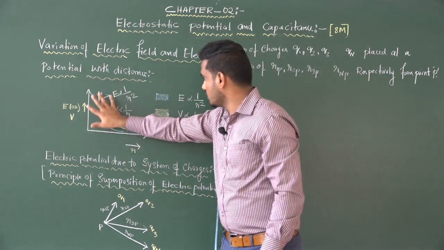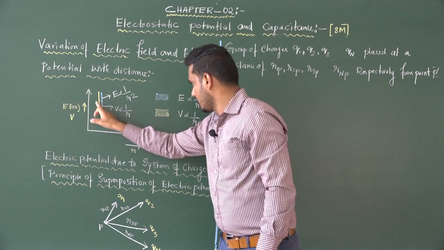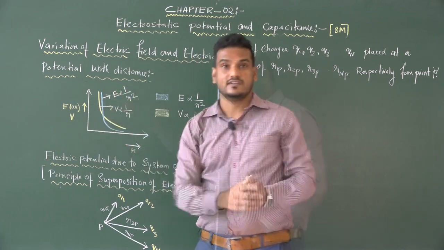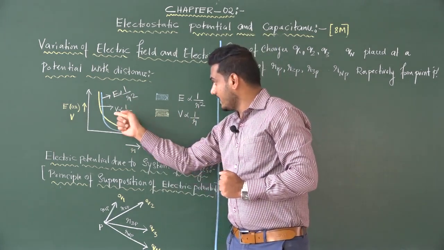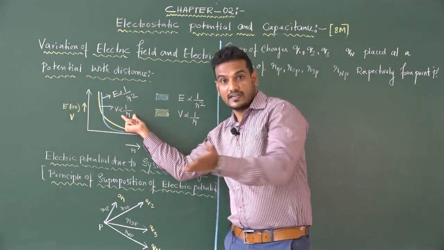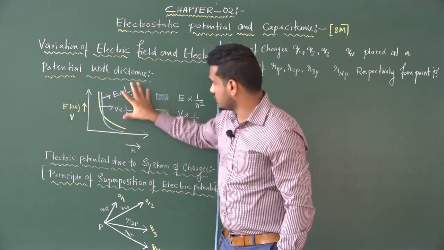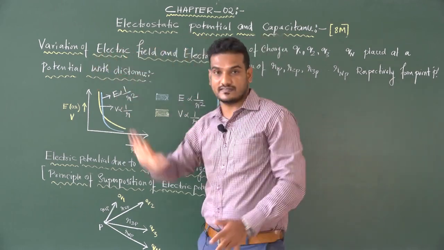Look at the variation of electric field with the distance, and the variation of electric potential with the distance. The electric field varies as the square of the distance, whereas the electric potential varies with the distance, there is no square. So this is the graphical representation of variation of electric field and electric potential with distance.